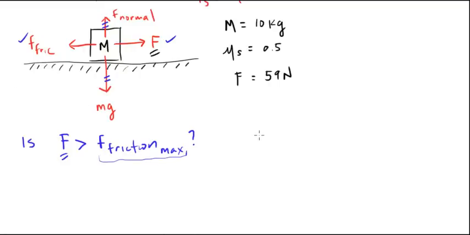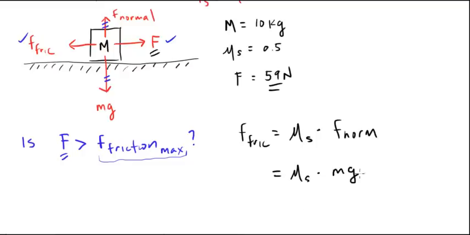So we know that the pushing force, F, is 59 newtons. Let's go ahead and calculate F friction. Well, that's mu sub s times the normal force. What is the normal force? We already said it's equal to mg. So the friction force is mu sub s times mg.